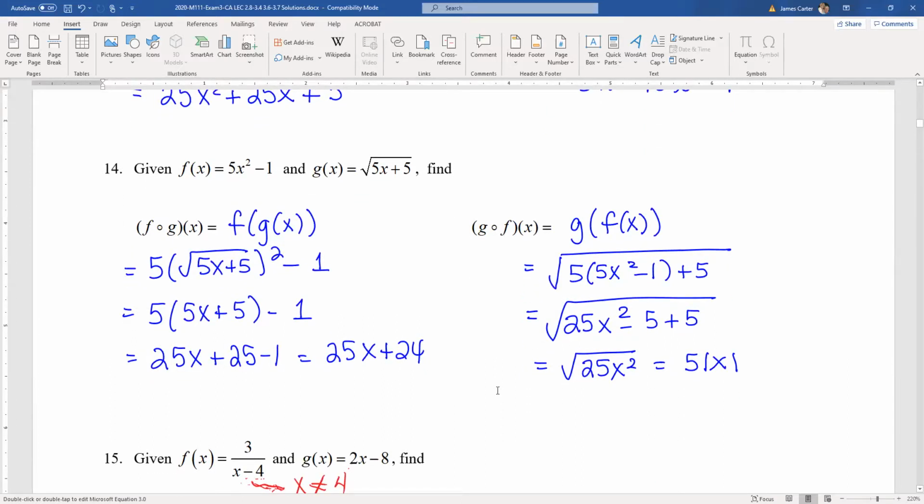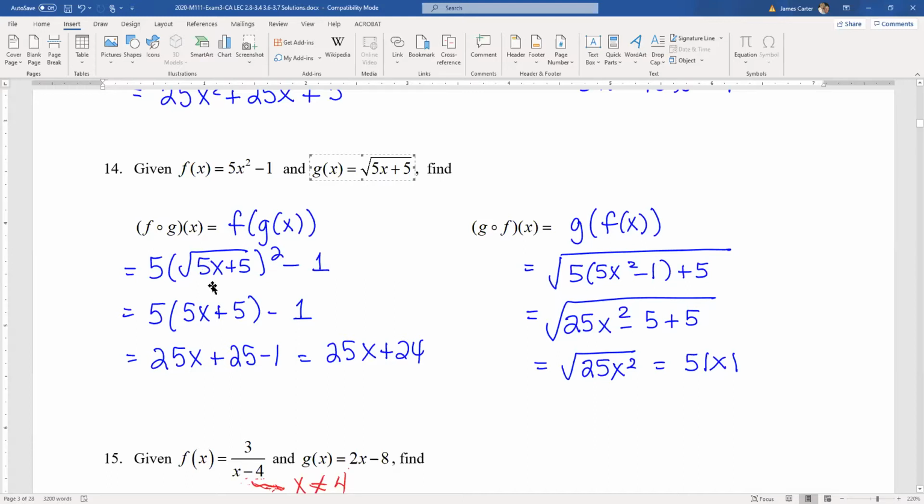Problem number 14. Okay, this time I'm taking G into F. So I'm going to replace the x's with this square root of 5x plus 5. So in my original equation, I've got 5 times substitution squared minus 1.